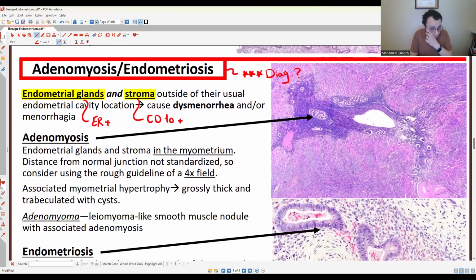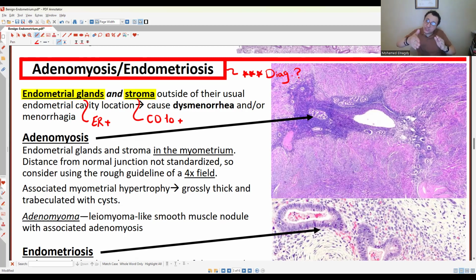Okay, so let's double check. We had proliferative endometrium: rounded glands, pseudostratification with mitosis. And then we had secretory endometrium, which has early secretory and late secretory. Any secretory endometrium would have cystically dilated endometrial glands with secretions.